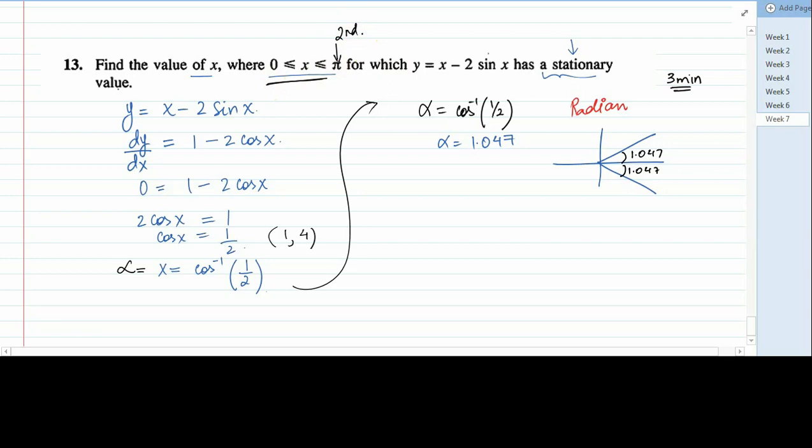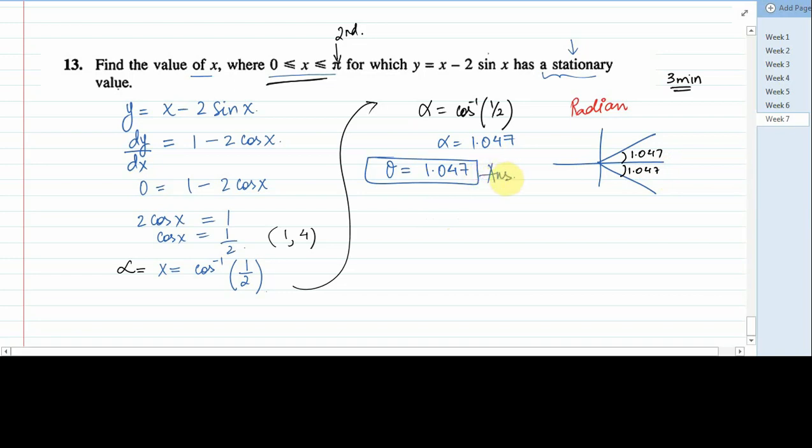So I'm going to take the value only for the first quadrant. So the value of theta equals 1.047. The value in the fourth quadrant we are going to reject because this part is not included in this range. And theta equals 1.047, that is your answer.